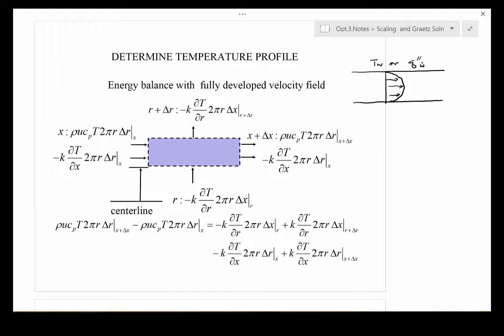What I'm showing here in this blue highlight is a region of this flow. We've talked about this before, it is some region of the flow that is in some annulus.